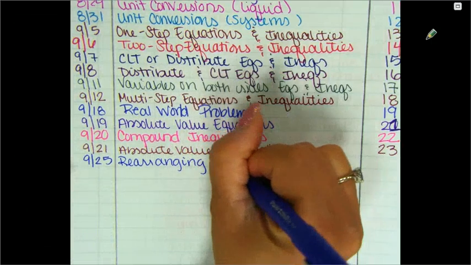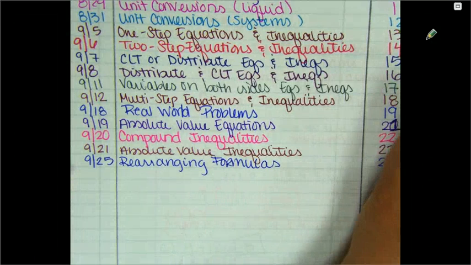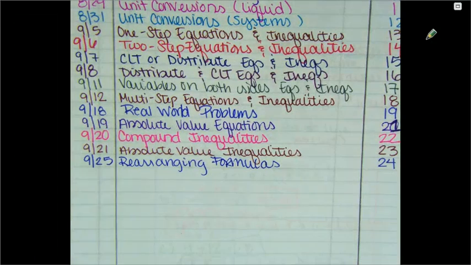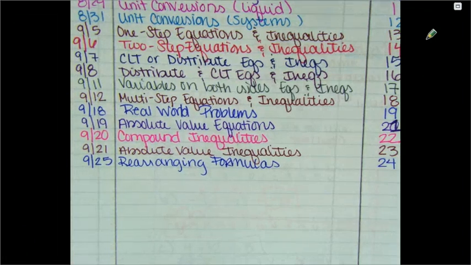We are rearranging formulas. That's 22 days of notes, which means 22 summaries.